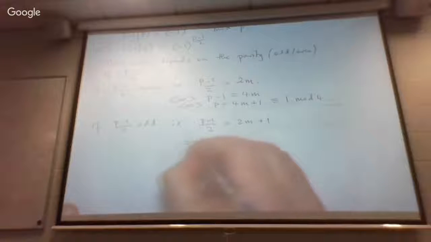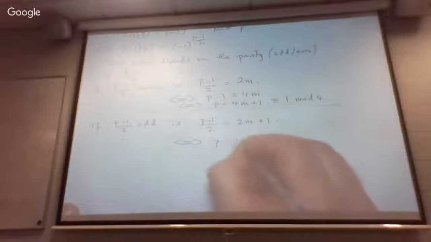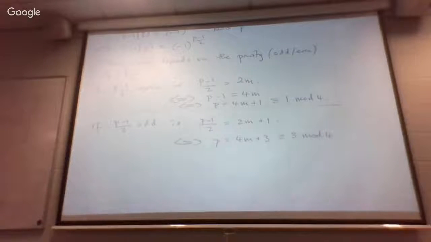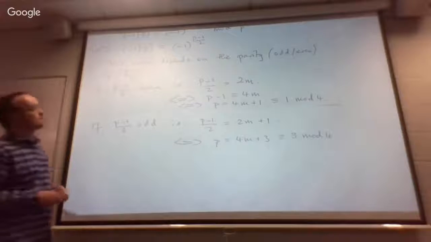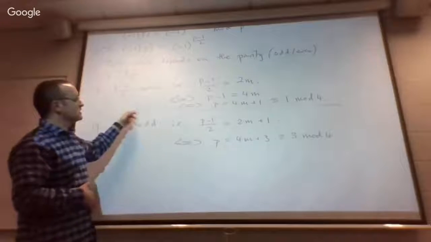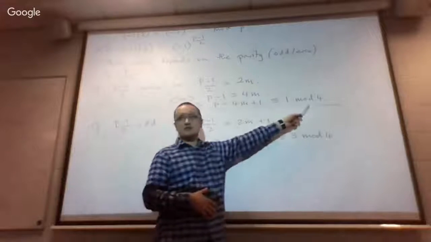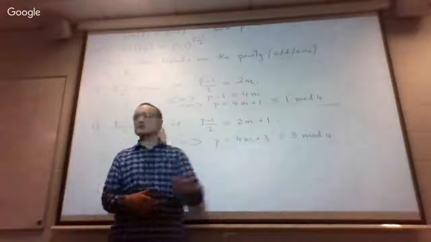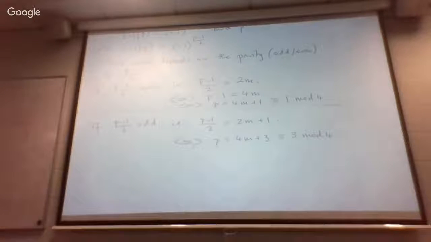And if you turn that around, that's equivalent to p being 4n plus 3, which of course is congruent to 3 mod 4. So the exponent being even is equivalent to p being congruent to 1 mod 4. The exponent being odd is equivalent to p being congruent to 3 mod 4. So that's exactly the result that we're trying to prove.